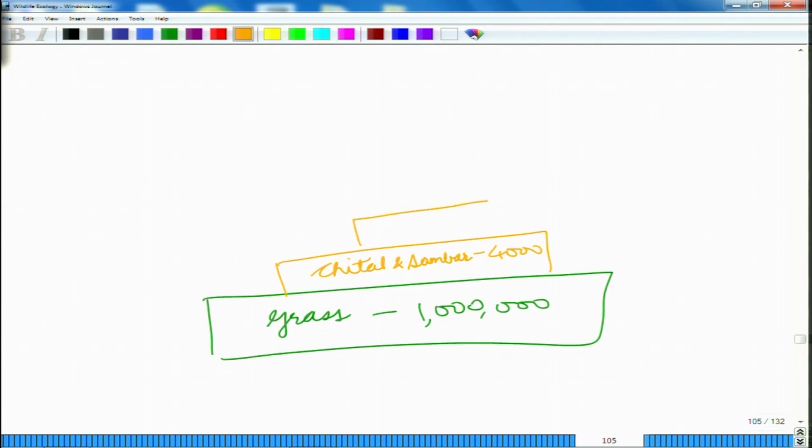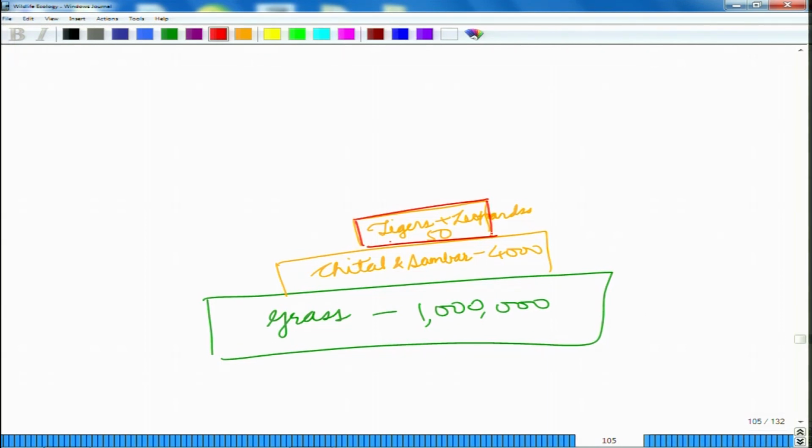Then this number would be supporting, say, tigers plus leopards, around 50 individuals. So, we see that as we move up in the trophic levels, as we move up the pyramid, the number is going down.